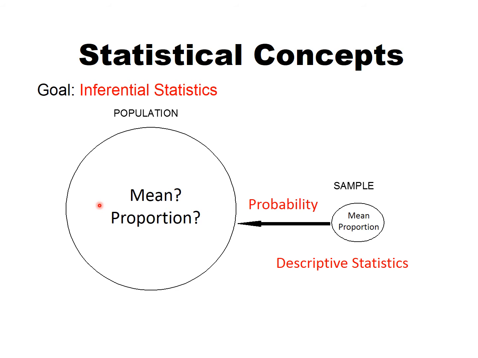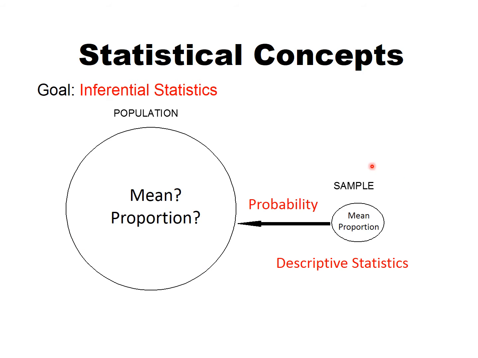Well, in order to know the exact answer to those questions with 100% certainty, we'd have to get information from every single member of that population. So we'd have to go out and survey every single person, or look at every single candy, or do something like that. Well, that's very difficult, if not impossible to do.